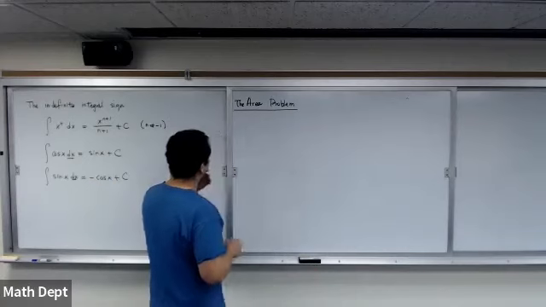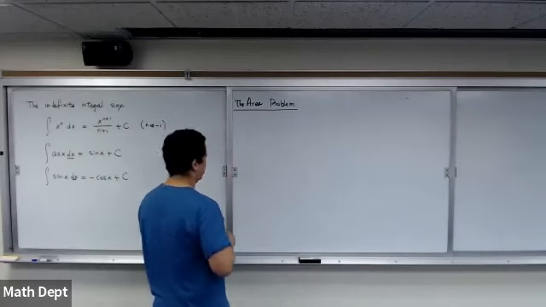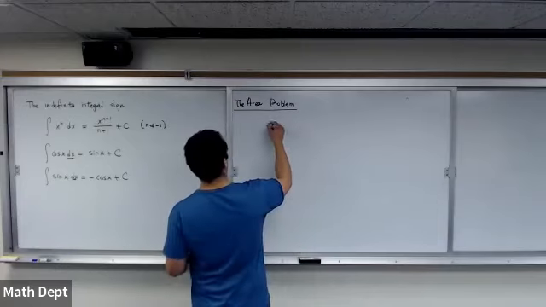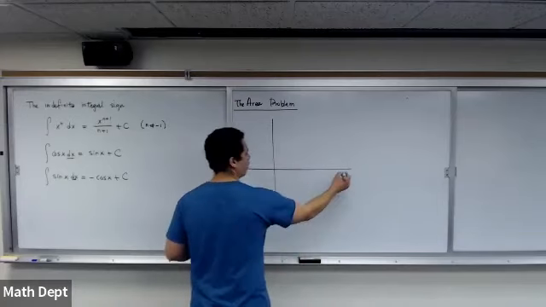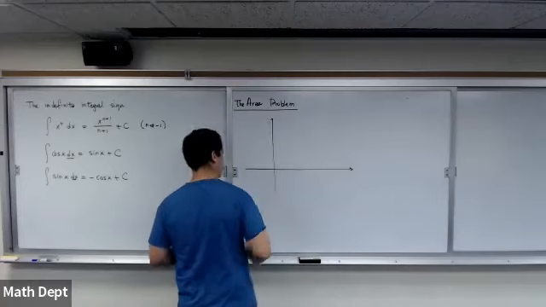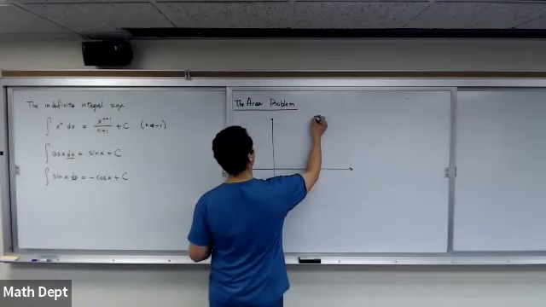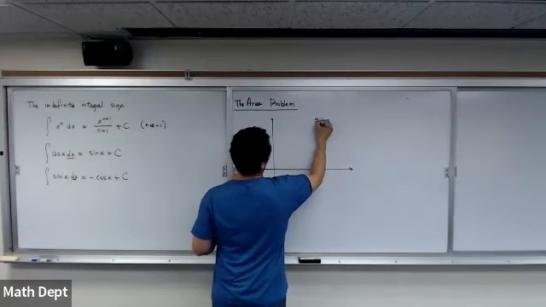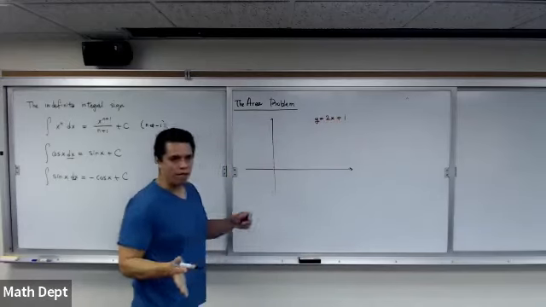And here I have this question. I'm going to draw a line segment. Something along these lines. Let's say I'm going to draw the line y equal to 2x plus 1.